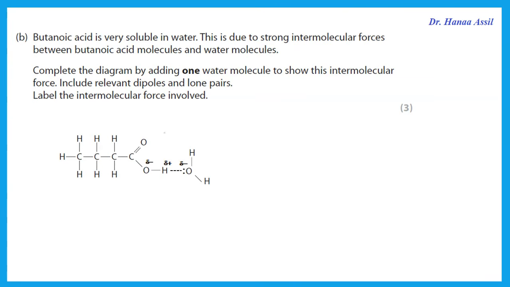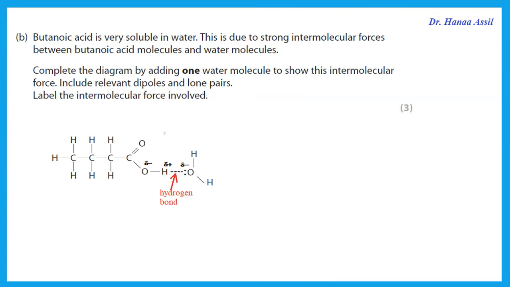So actually there are several ways of drawing the hydrogen bonding with the acid. This is one of them, in which the hydrogen of the OH is attracted to the slightly negative oxygen of the water. Remember that the lone pair of electrons on the oxygen forms what we call a hydrogen bond.